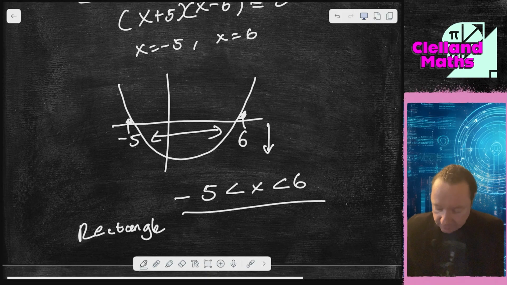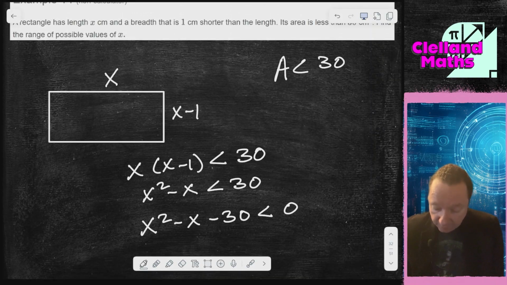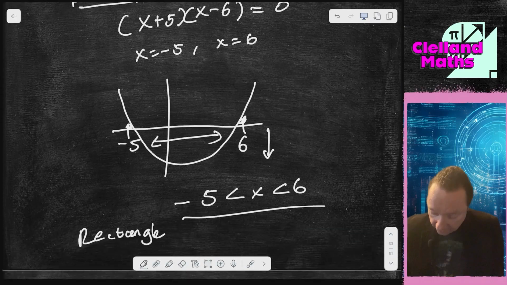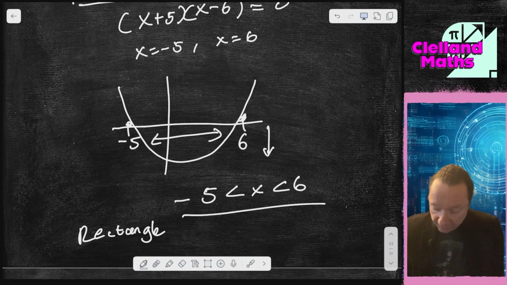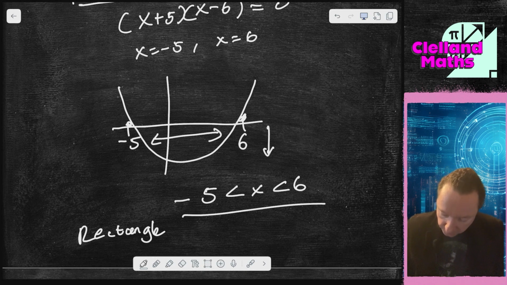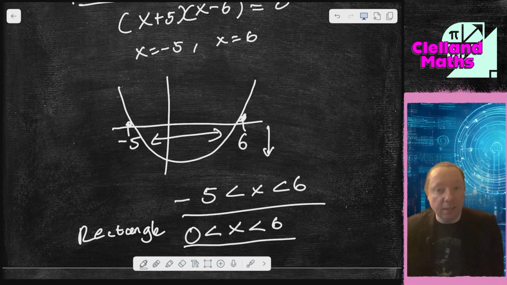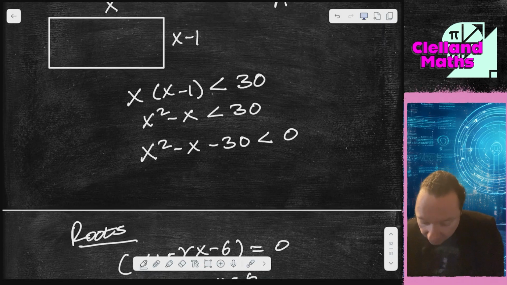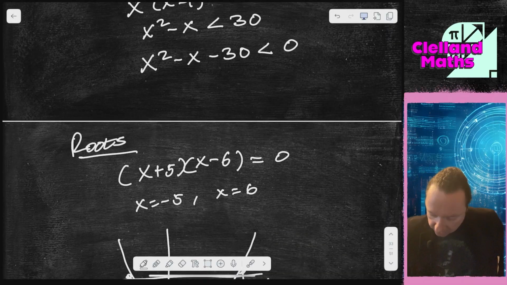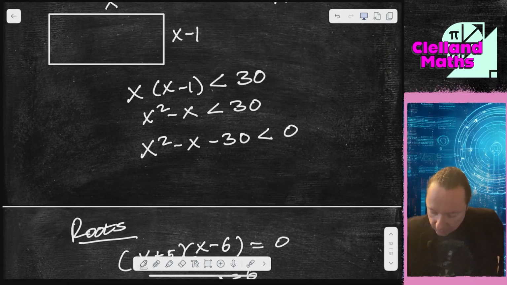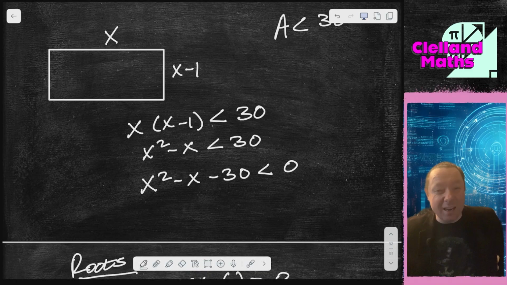have to say that x can never be negative. So you can't have anything that creates that to be negative. So x has to be at least 1, or in other words, 0 is less than x is less than 6, because x is bigger than 0. In fact, that's not even true as well, though, because that just takes into account the length, but the breadth is 1 less than the length, so the breadth can never be 0.